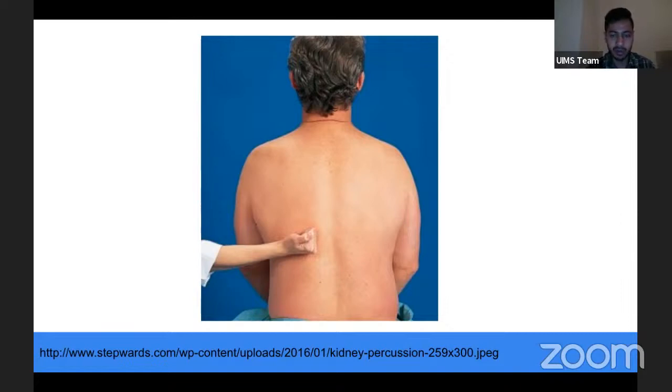We perform this karate chop or percussion for the kidneys to see whether there is an infection or if there's increased sensitivity and tenderness, which is usually seen in pyelonephritis. So this is the fist percussion in this image, but you can call it a karate chop as well.